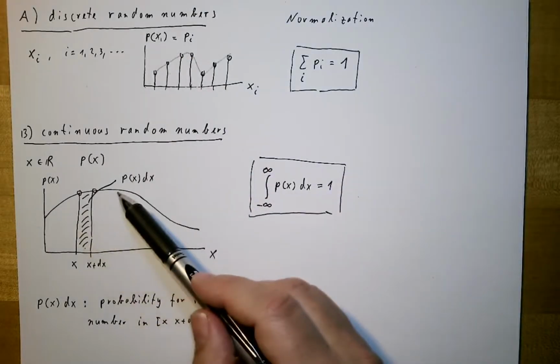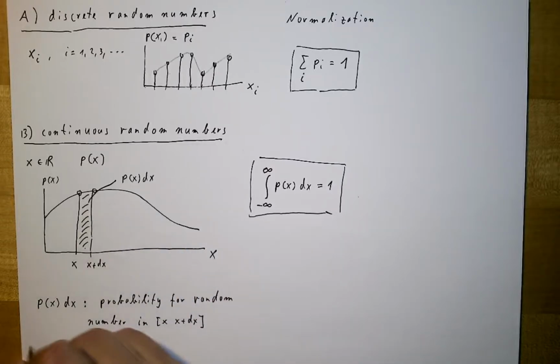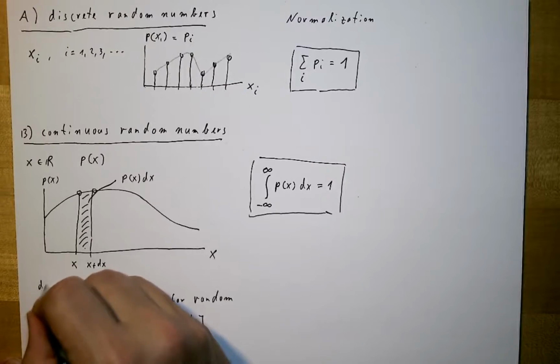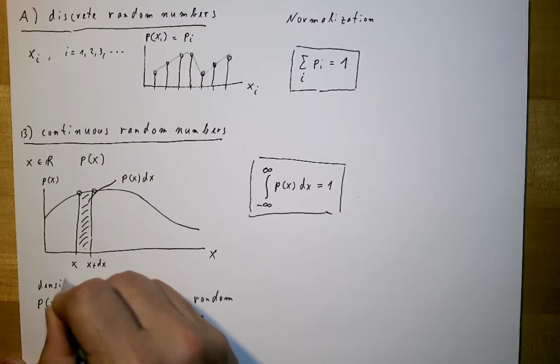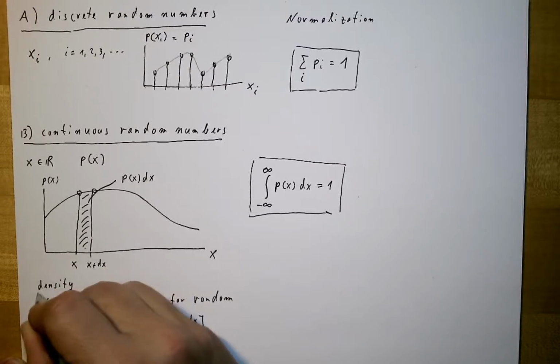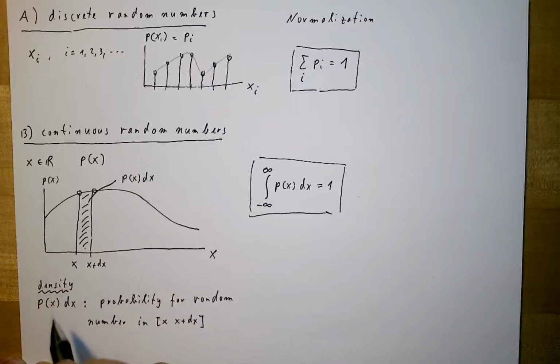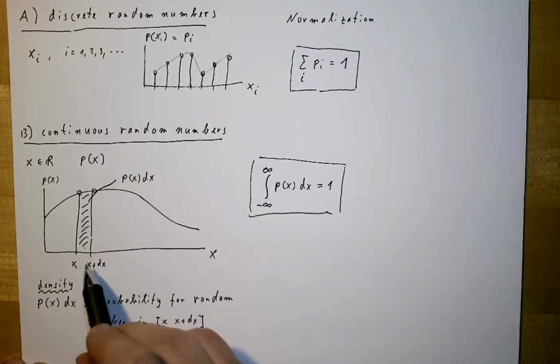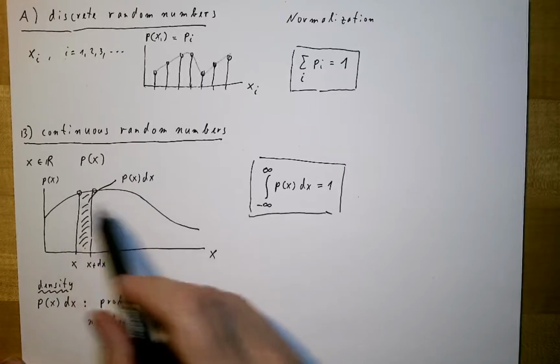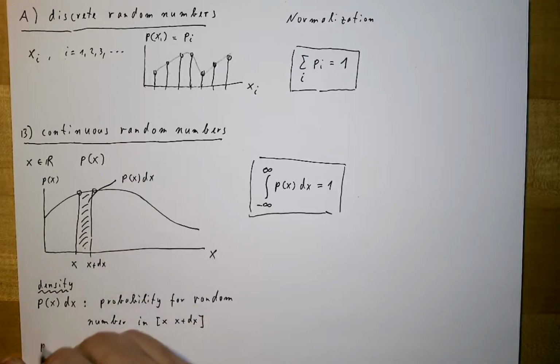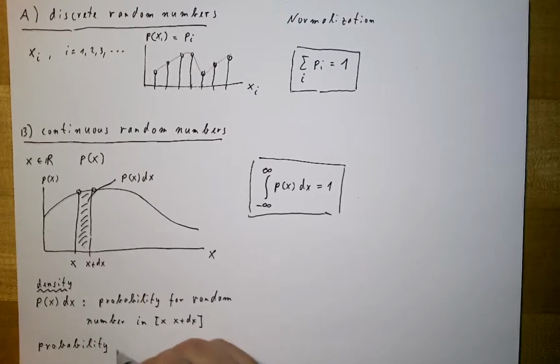In the continuous case, we have a probability density. So actually we have to deal here with a density, and only integrals over densities are probabilities. So we call this the probability density function.